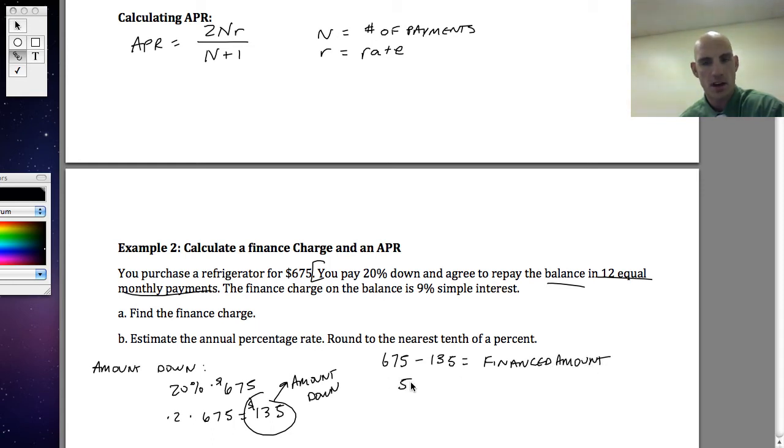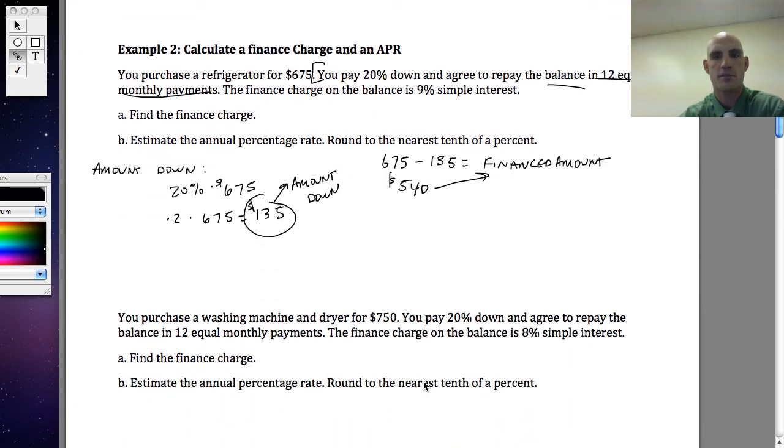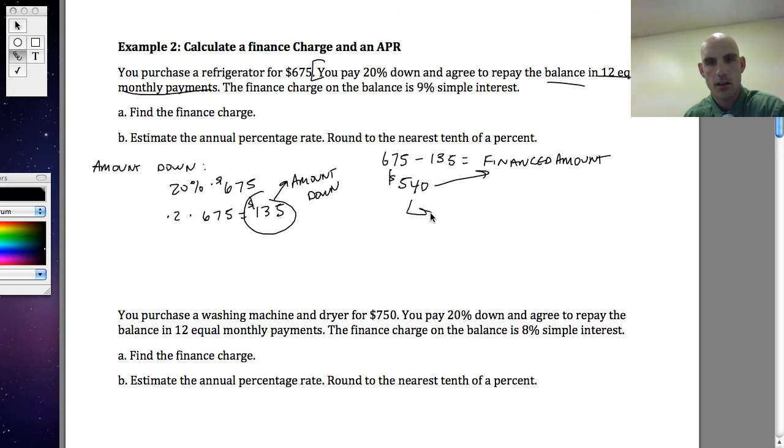That's going to leave me with $540. That's my financed amount. Then I need to figure out the interest that I'm going to owe. The interest on 540 is equal to 9% simple interest.